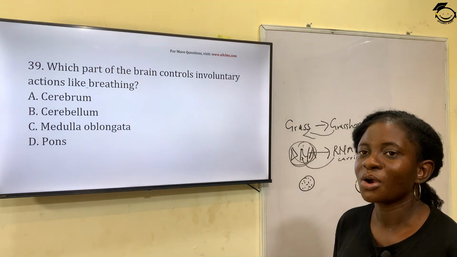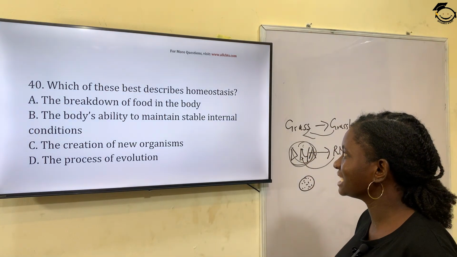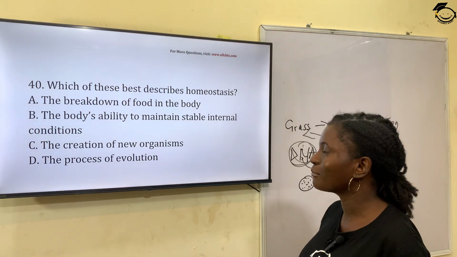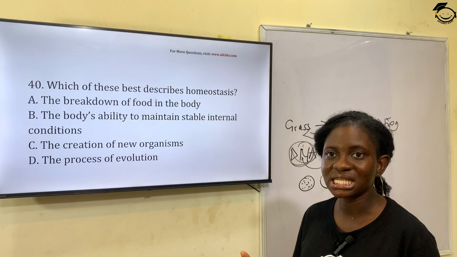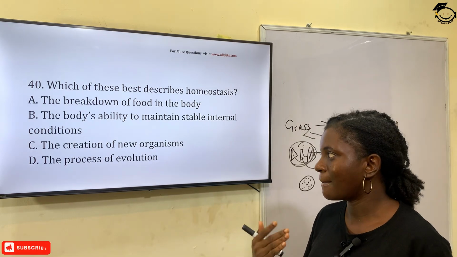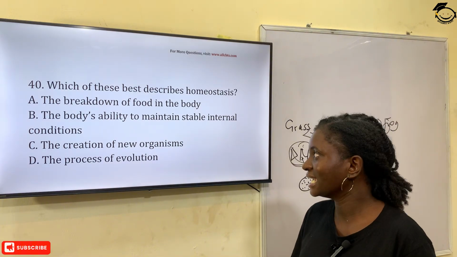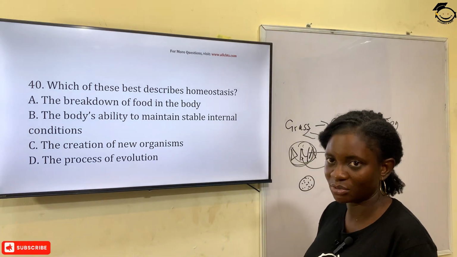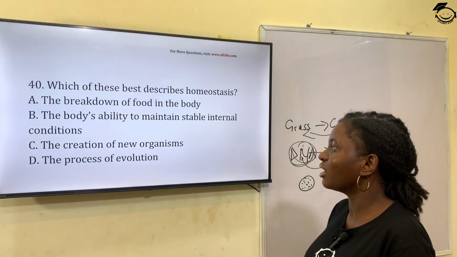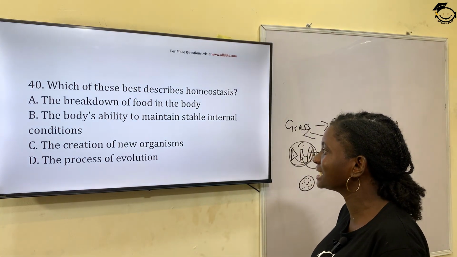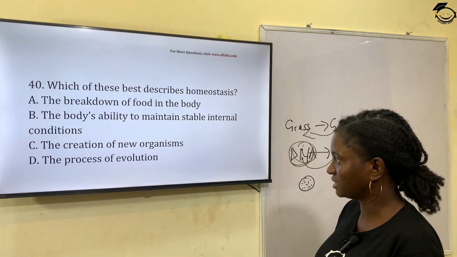Option C. Question 40. Which of these best describes homeostasis? The meaning of homeostasis is to maintain equilibrium, to maintain balance in a body system. Option A, the breakdown of food in the body. It doesn't have to do with balance. Option B, the body's ability to maintain stable internal conditions.